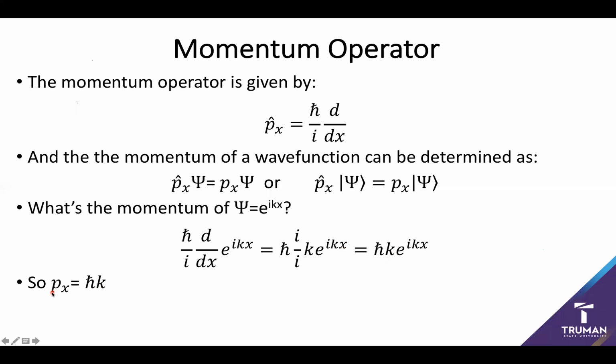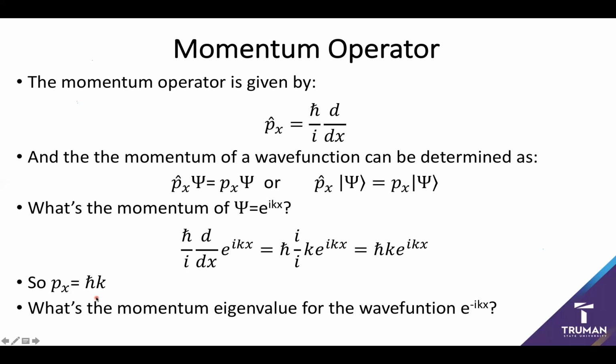This means I've got a forward momentum based on Planck's constant and that k value, which, as you may remember, gives us a lot of information about the wavelength of the system. So if I know the wavelength of the system, I should be able to back out the momentum of the system. And again, with a forward momentum.